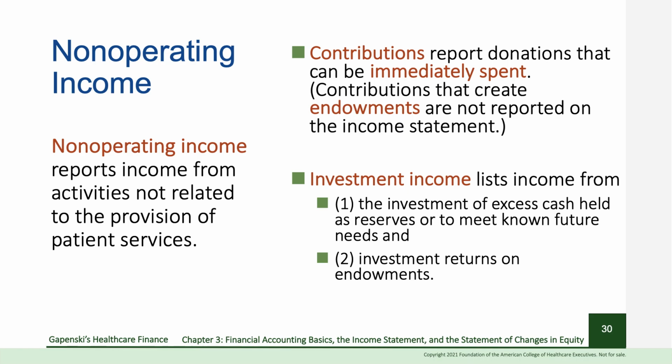Contributions are mainly cash donations, and that can be immediately spent. Investment income comes from excess cash that is held as reserves, or when you use that cash to invest on endowments, and you get dividends from it, and you get equity from it. That is investment income.